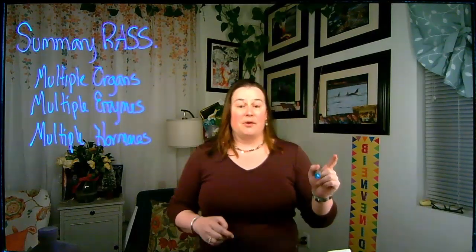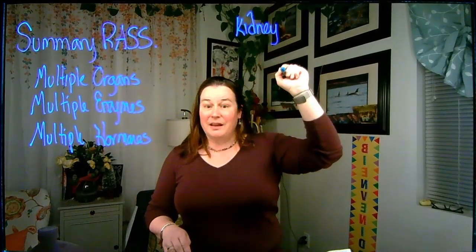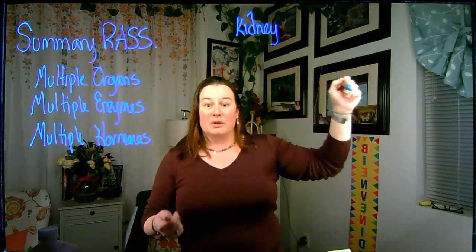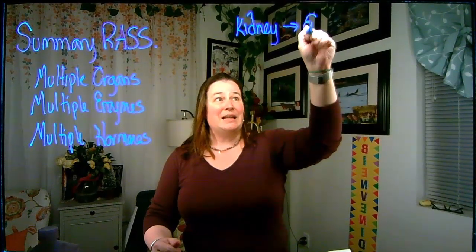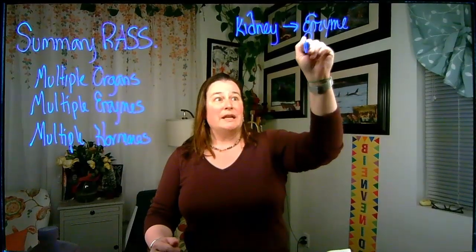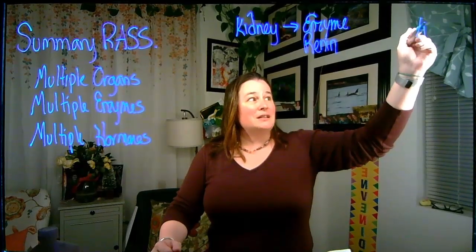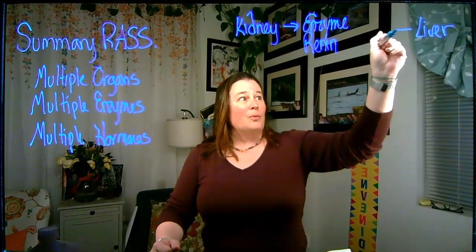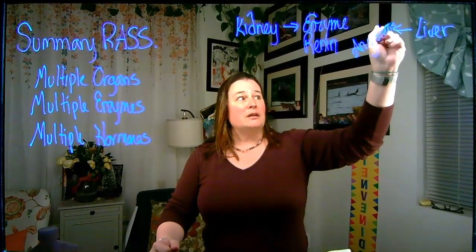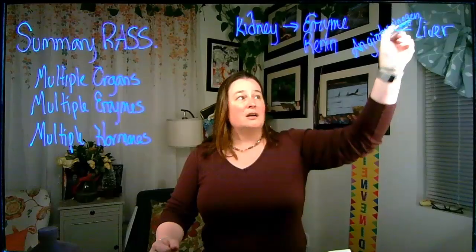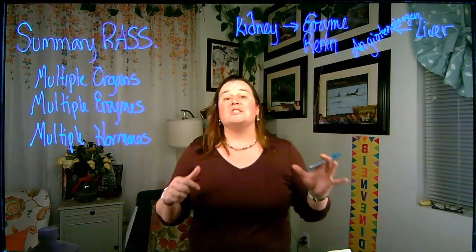So let's think about this. We started with the kidney, and the kidney being the thing that was detecting the low blood volume. And when low blood volume was detected, this released the enzyme renin. When renin was released, this also interacted with something the liver had already been producing called angiotensinogen. This is a precursor and not an active protein-based structure.